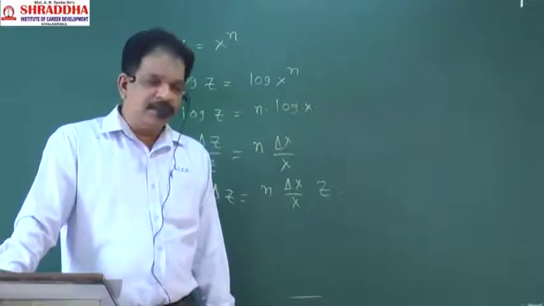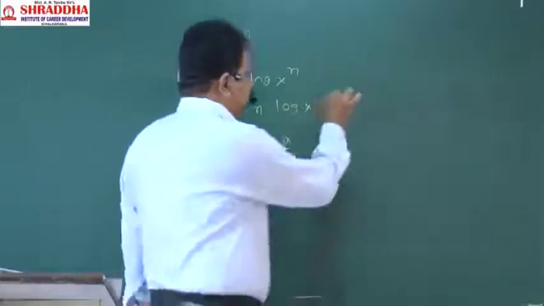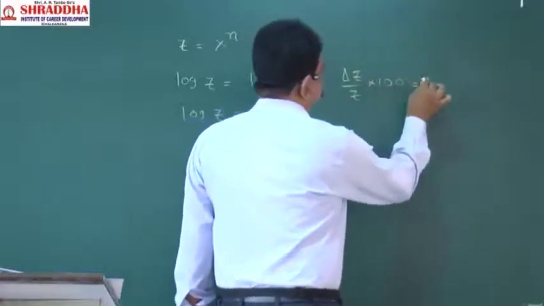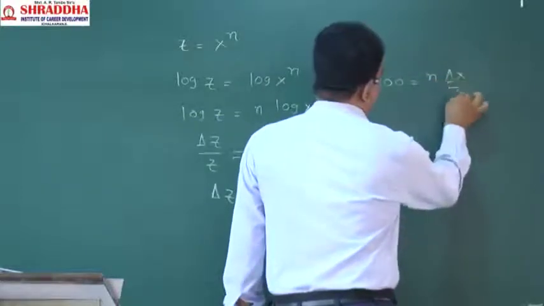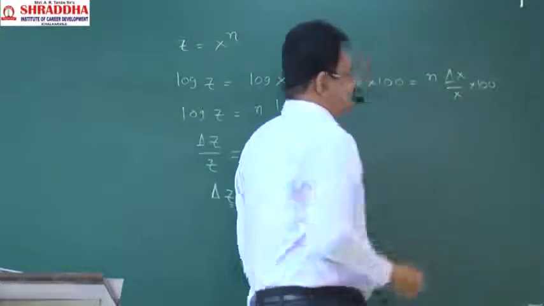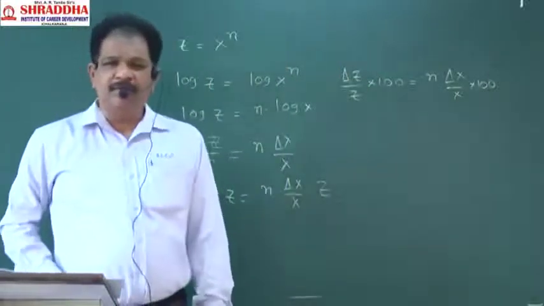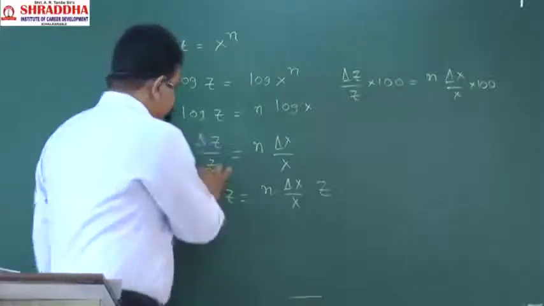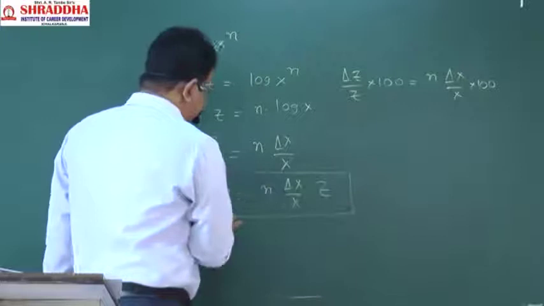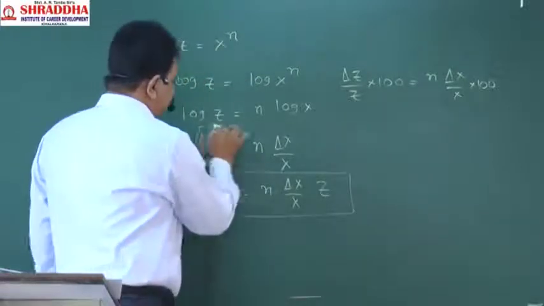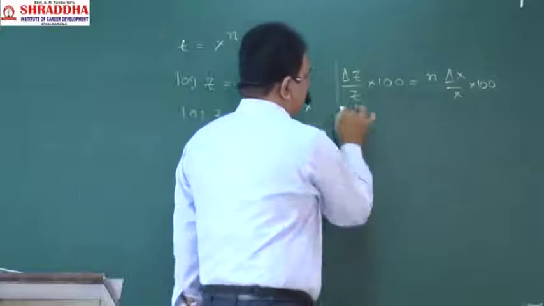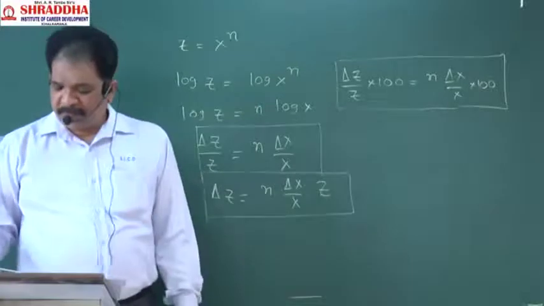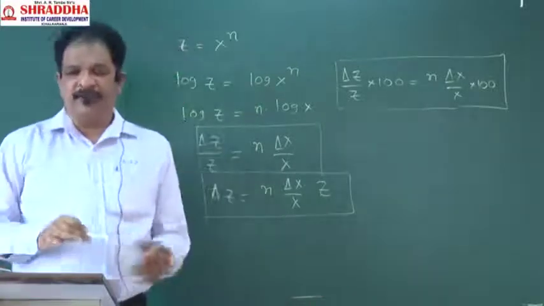To find the percentage error, delta z by z into 100, this value n into delta x by x into 100, this formula we will use to find the percentage error. This is the maximum possible error. This is the relative error. This will be the percentage error.